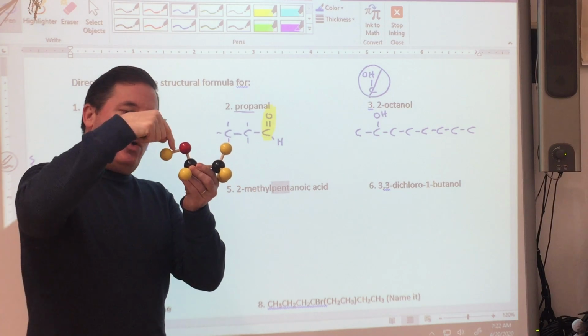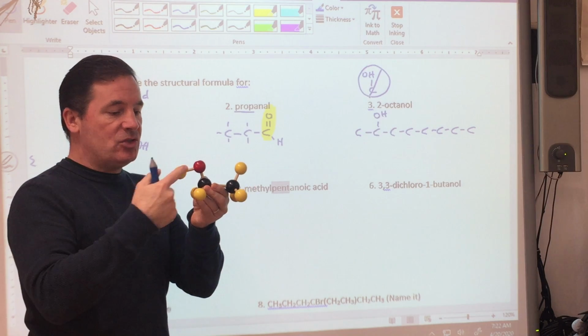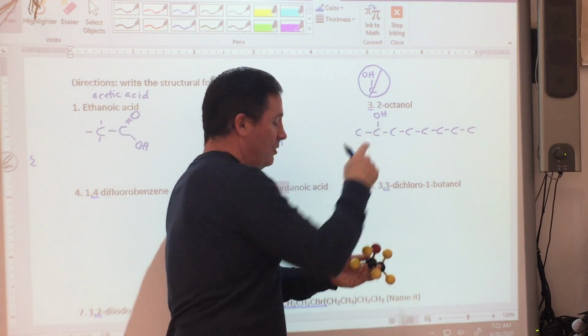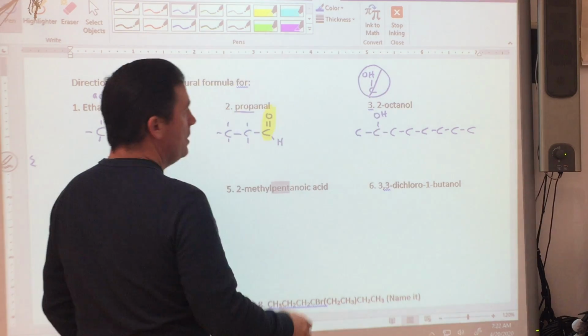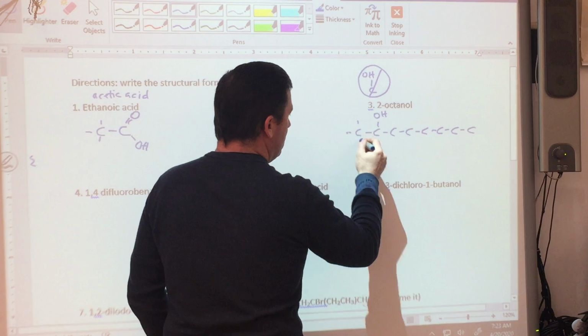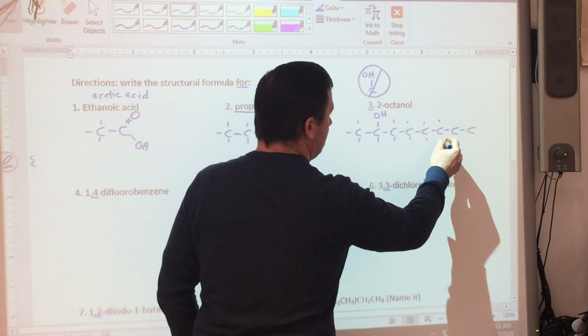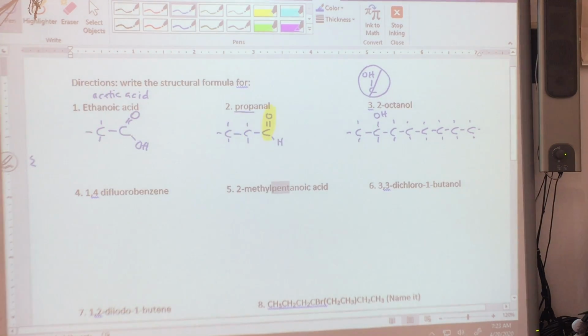Remember that hydrogens can only make 1 bond because they only have 1 electron that they can share. So that bond right there is shown right there. Okay? I'm done except for filling in the rest with hydrogens. So there's 2-octanol.